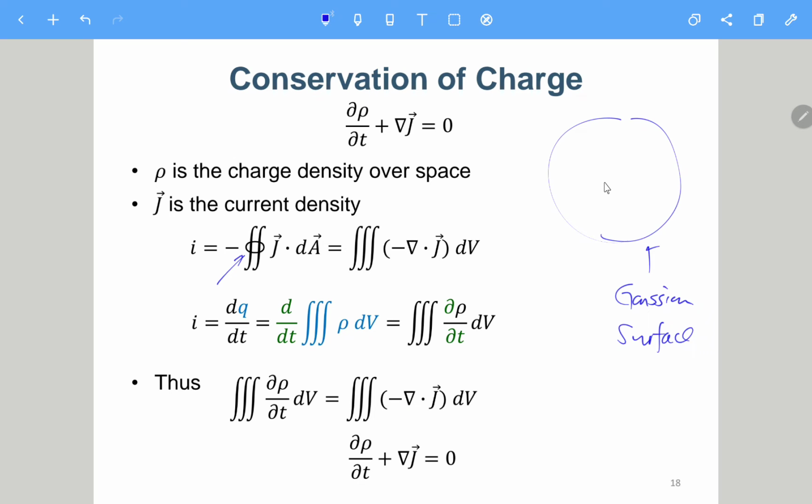Okay, so here we consider the current density and the current. The charge density has a negative sign.